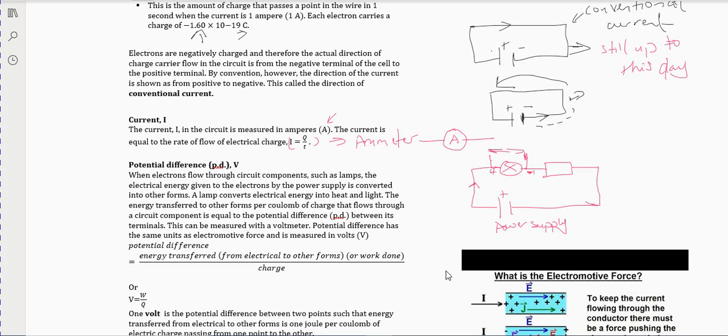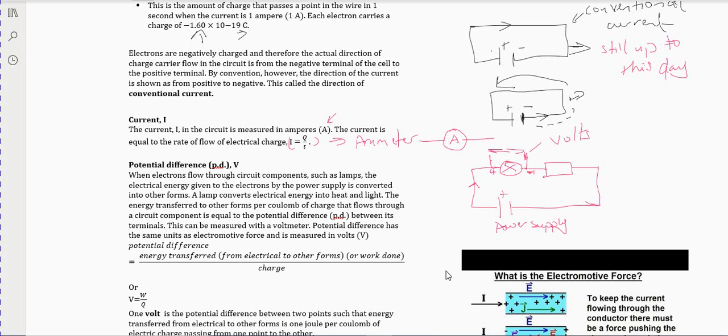Now let's look at this. It says potential difference has the same units as electromotive force and is measured in volts. So after finding out how much energy it will take to convert that amount of charge into light energy, we come up with a unit that we call volts.